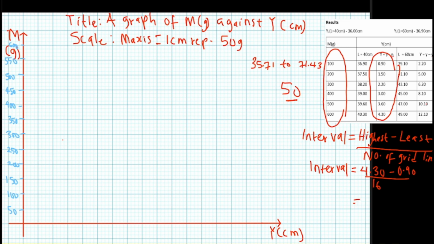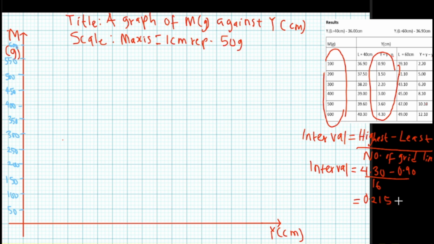So we have 4.3 minus 0.9 divided by 16. That will give us 0.215.